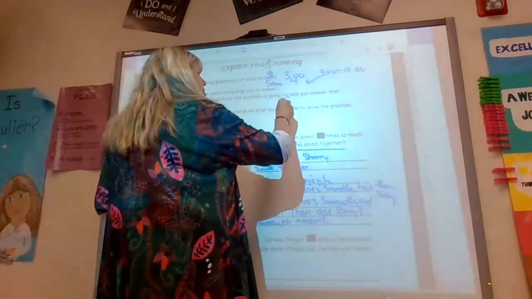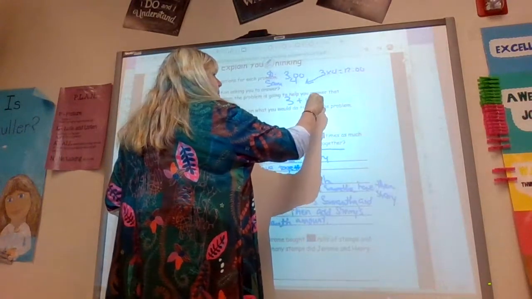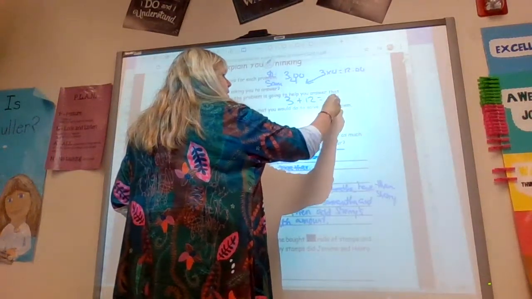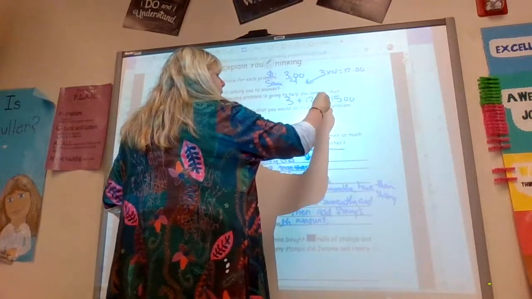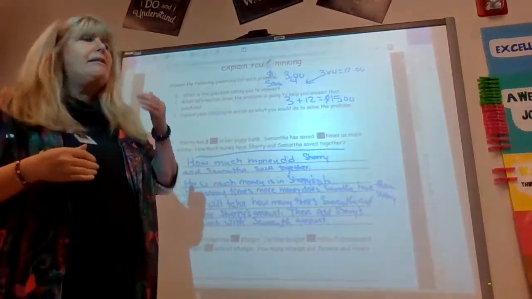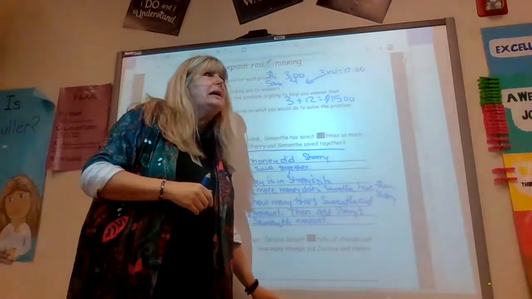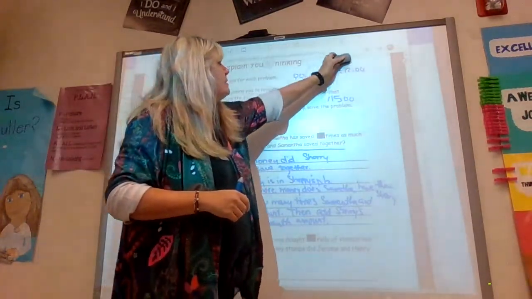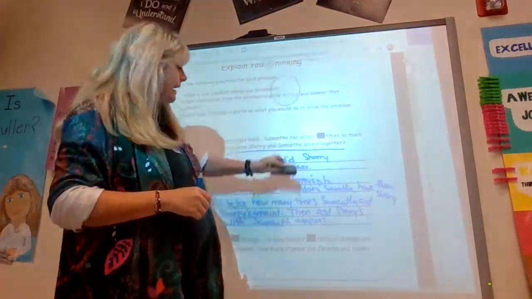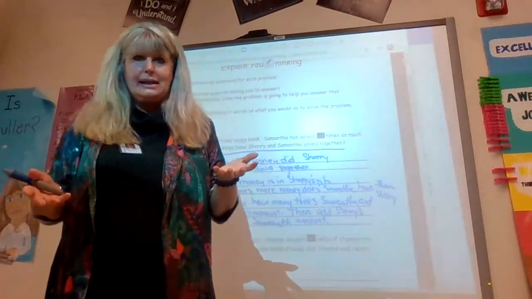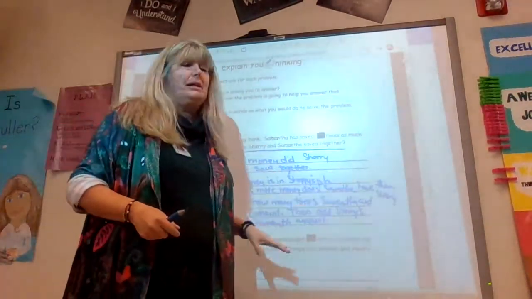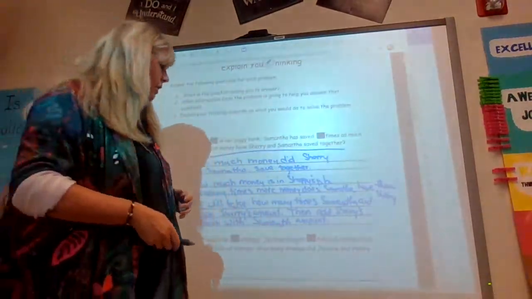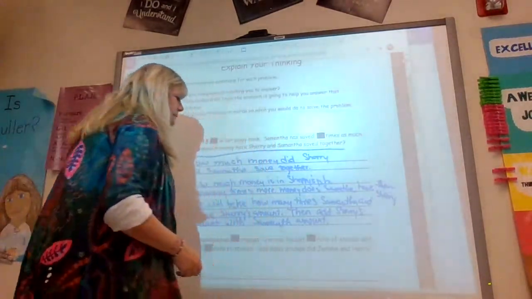So I have to take Sherry's amount plus Sam's amount to give me the total amount that they would have. But I have to think about first, what am I going to do if I don't have any numbers? And there is a way to solve it. But I have to figure out what is the question asking and what information in here am I going to use to solve it. So let's look at the next one.